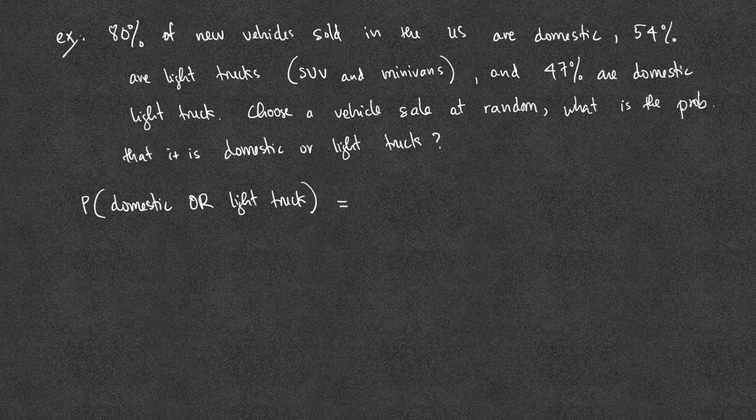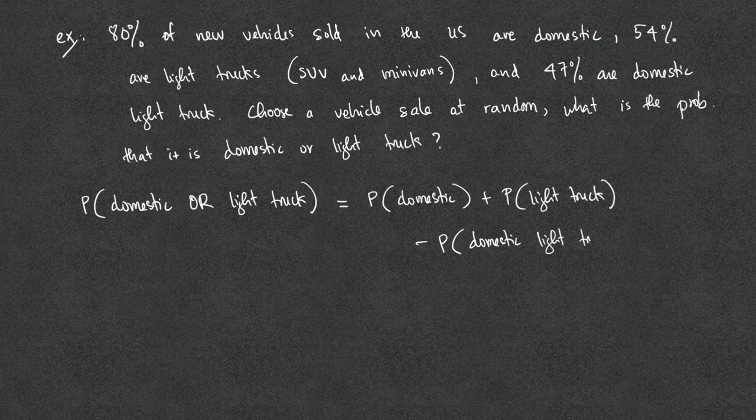To find the probability of an or, we take the probability of the first event, which is the probability of domestic car. We add the probability of the second event, which is the light truck. And don't forget to subtract the probability of the intersection, which is domestic light truck. This is what both events have in common.